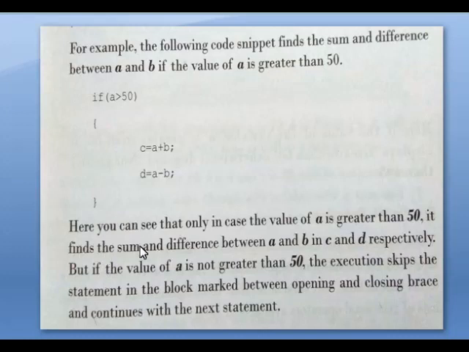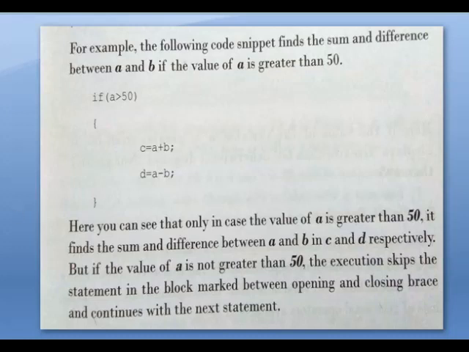Only in case the value of a is greater than 50, it finds the sum and difference between a and b in c and d respectively. But if the value of a is not greater than 50, the execution skips the block between the opening and closing braces and continues with the next statement.